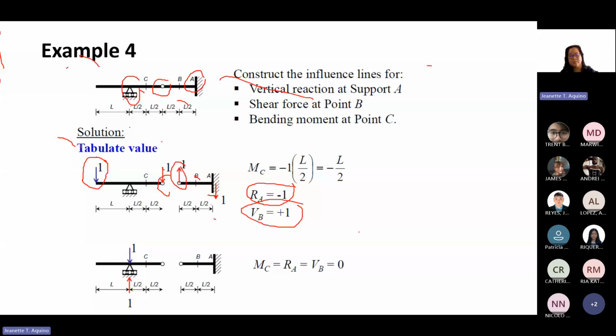Moment at C again. So your moment at C is here.